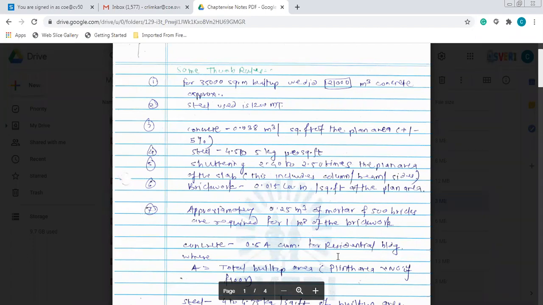Then as far as the scaffolding is considered, for completing a 12-story building or 10-story building, we require a minimum of 25% manpower if we are going for G plus 10, G plus 12 story buildings.